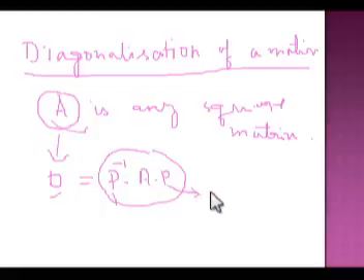The question is whether the model matrix can be anything. We cannot take any matrix as a model matrix.